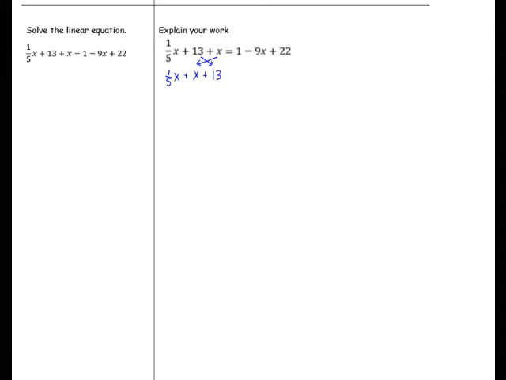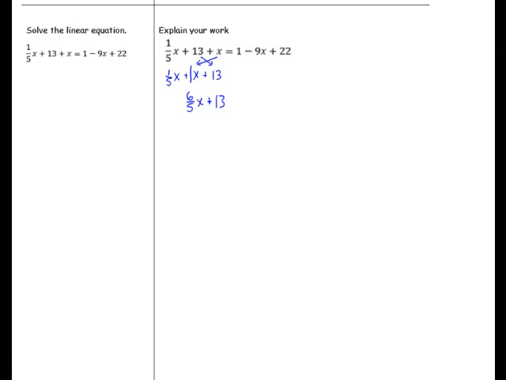Remember that x has an invisible coefficient of 1. 1/5 x plus 1x is equal to either 1 1/5 x or 6/5 x. Bring down the plus 13. So we used the commutative property to rearrange that problem, and we simplified our terms.